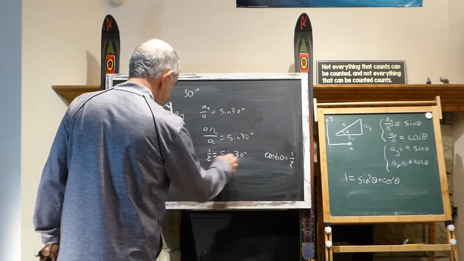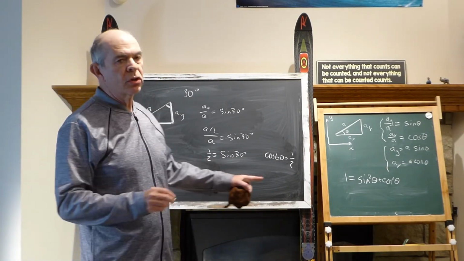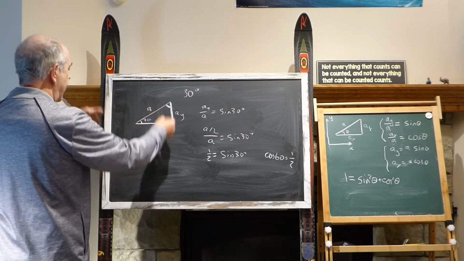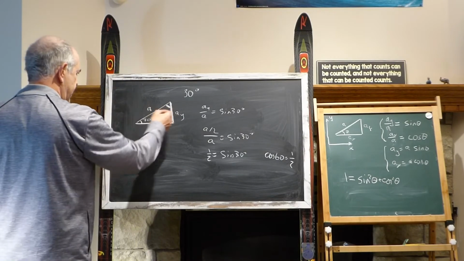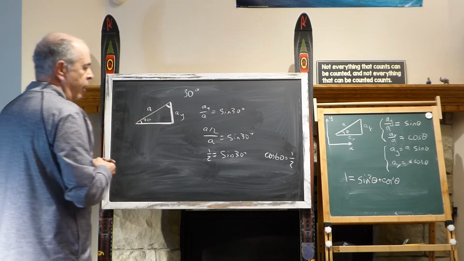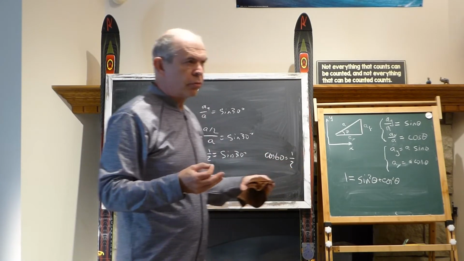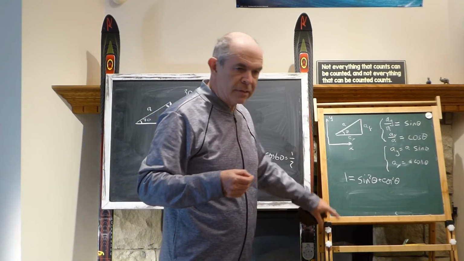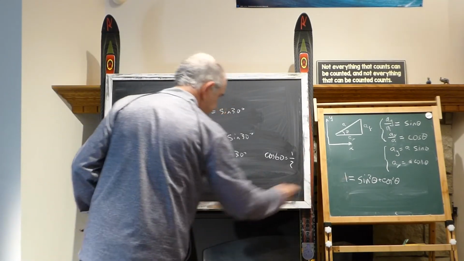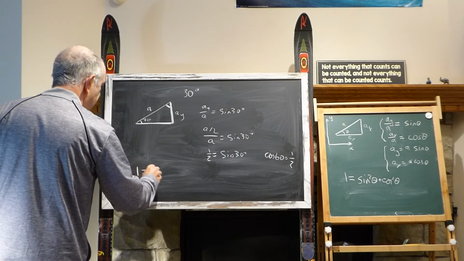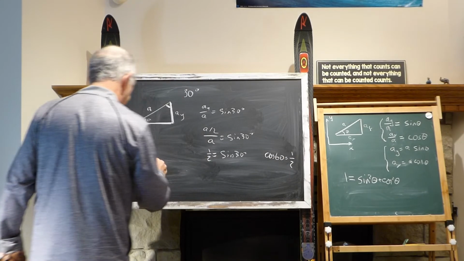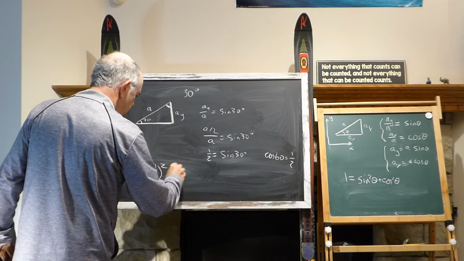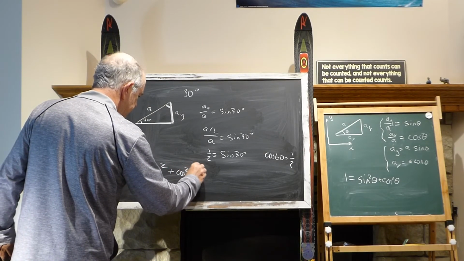In any case, let's stick with 30 and let's determine what cosine 30 degrees is. Well, we use this. We can of course prove it again, take the square of this and the square of this and add them, but why repeat the same proof? It's like emptying the kettle, as I said, and we have problems that we already solved. So we use this formula and we say 1 equals sine squared, 1/2 squared, plus cosine squared of 60 degrees.